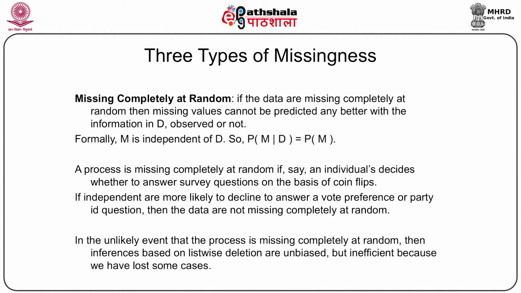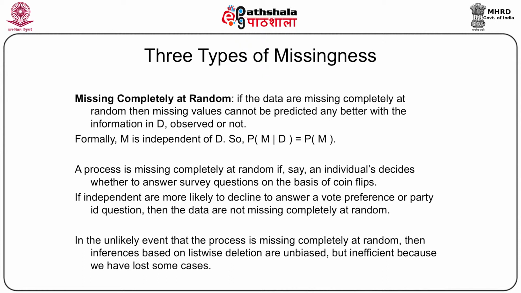A process is missing completely at random if, say, an individual decides whether to answer survey questions on the basis of coin flips. If independents are more likely to decline to answer a vote preference or party ID question, again in the connection of the voting, where we had three parties and independent is the third, then the data are not missing completely at random.